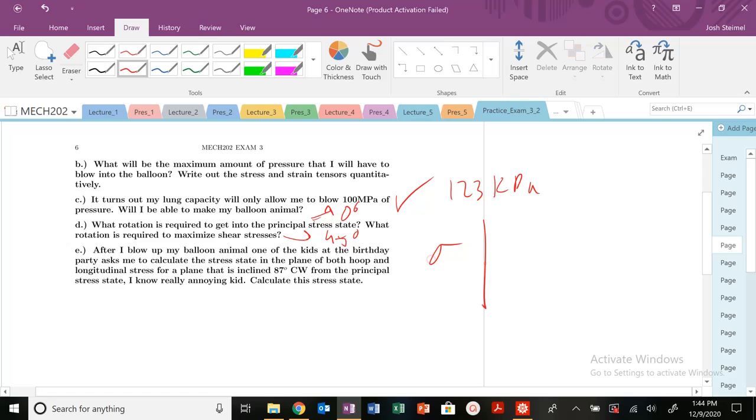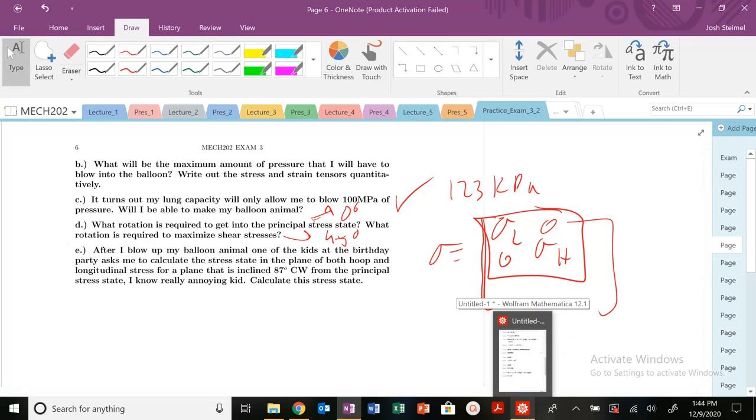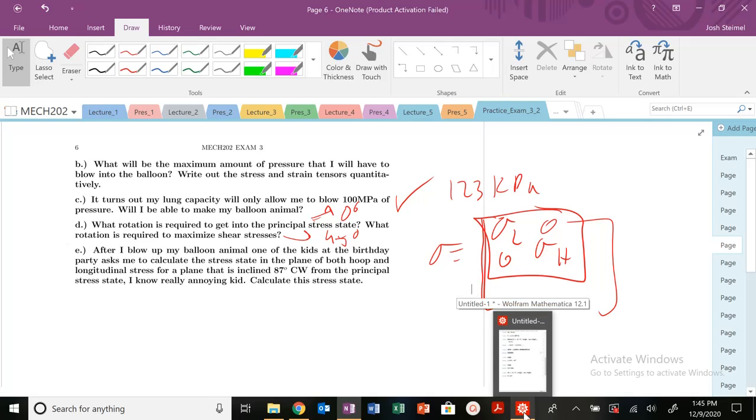So let's look at our stress tensor, just here and here. So we said that this is this. So he's asking this very interesting child at this birthday party that's interested in continuum mechanics and rotational stress tensors wants, in this plane, we need to figure out what is the stress state 87 degrees from the principal stress state.